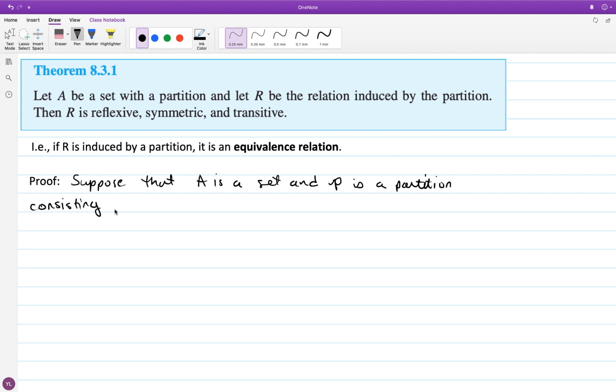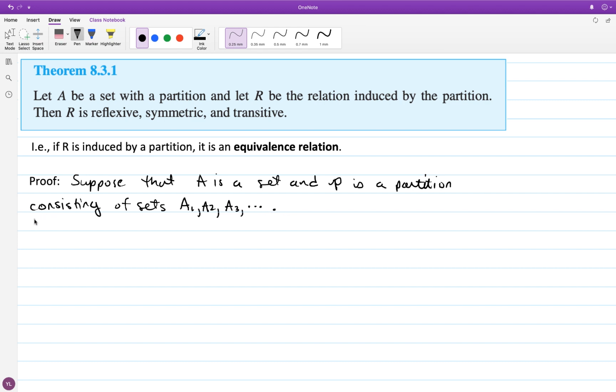It could be infinite. And in fact, it gets kind of crazy when you talk about higher cardinality situations. It doesn't even need to be the case that the partition sets are enumerable in any fashion. But let's just say that the partition we're dealing with looks like this: A1, A2, A3, and so on. So I've got some set A, and I'm splitting it up into however many pieces.